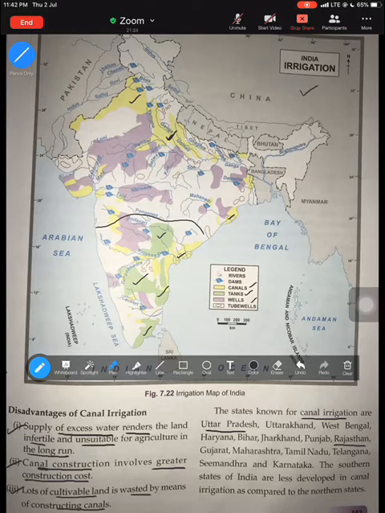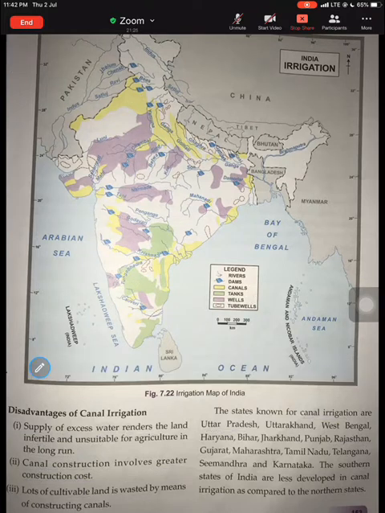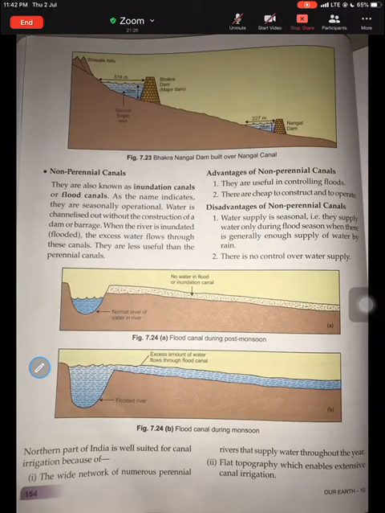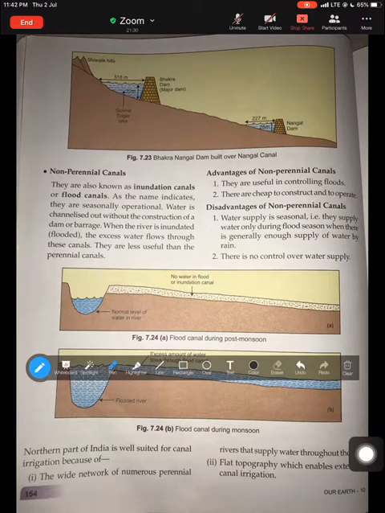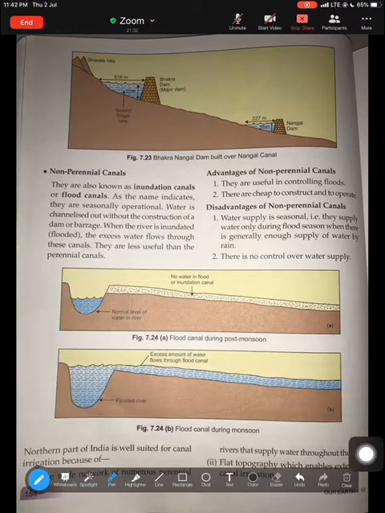Moving to the next. Non-perennial canal. Now, what are non-perennial canals? From the word itself, they are also known as inundation canals or flood canals. As the name indicates, they're seasonally operational. Non-perennial means they have water only when it rains, and not throughout the year.